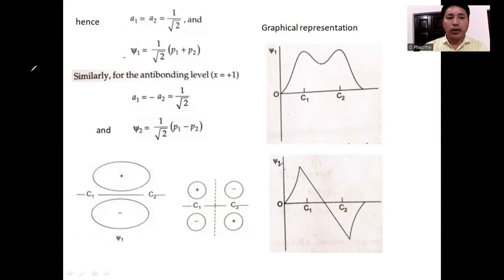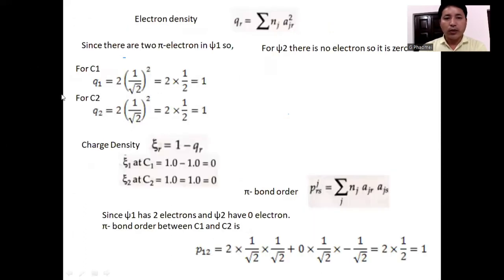So if you expand this for carbon 1, you will have n the same, but A1 for one carbon and another for the other carbon. Therefore, in psi 1, the electron density will be 2 into 1 by root over 2 squared, because it is A square, since the other one is 0.